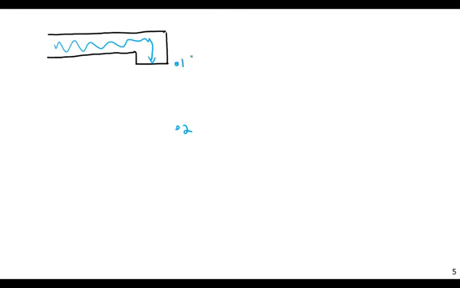Don't have too many P's on the board. Now, the interesting thing about this is both of these are at atmospheric pressure. P1 is equal to 0 in terms of gauge pressure anyway. I'm doing this in terms of gauge pressure. P2 is equal to 0.